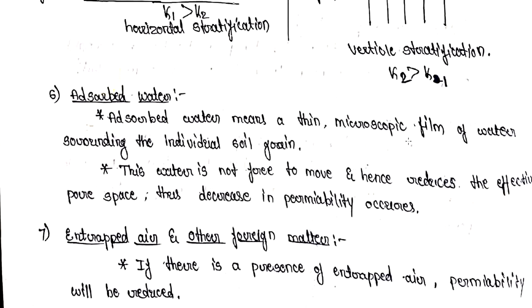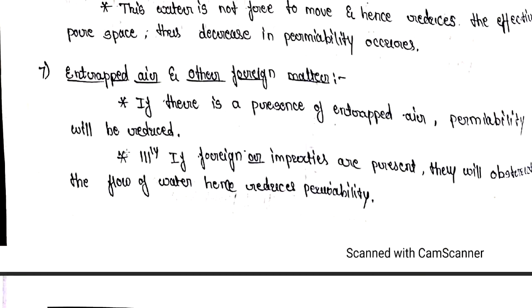When the thin layer of water is formed due to surface tension on the soil particles, the effective size of the pore will reduce, or the effective pore space will reduce, hence a decrease in the permeability is going to occur.